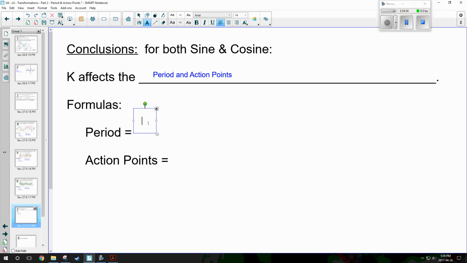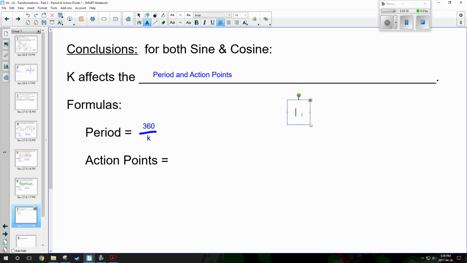For our formulas, period is equal to our degrees of 360, because that's our regular period, divided by whatever the k value was. So whatever the k value was inside of our equation, if you take the 360 and divide it by it, you would have gotten the period.